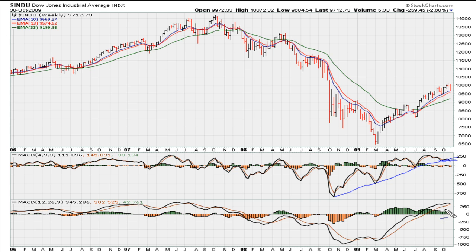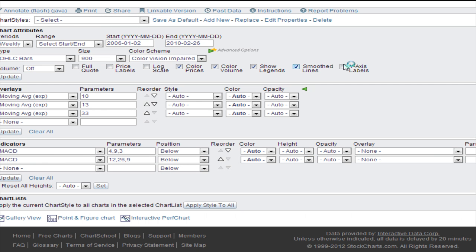But notice we have our other MACD trading above zero. So really here I would not be very concerned with the market. I would say the market here was still having a bullish tone to it as it was moving back to its 10-week moving average.